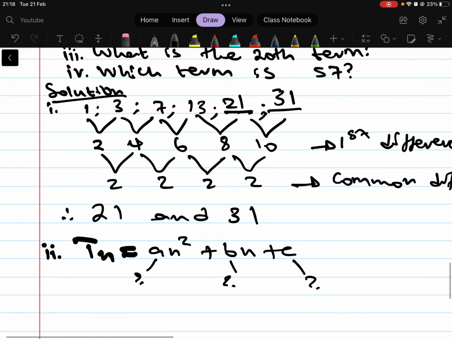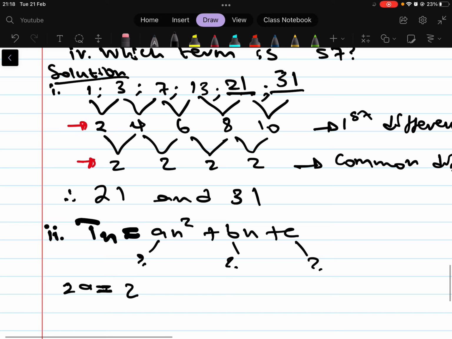So how we start, because we've already done these subtractions at the top there, I don't see the need of us copying that again. So what we will do is that, remember, we'll start with the common difference, because there it only has one unknown variable. 2a is equal to 2. Therefore a equals 1.